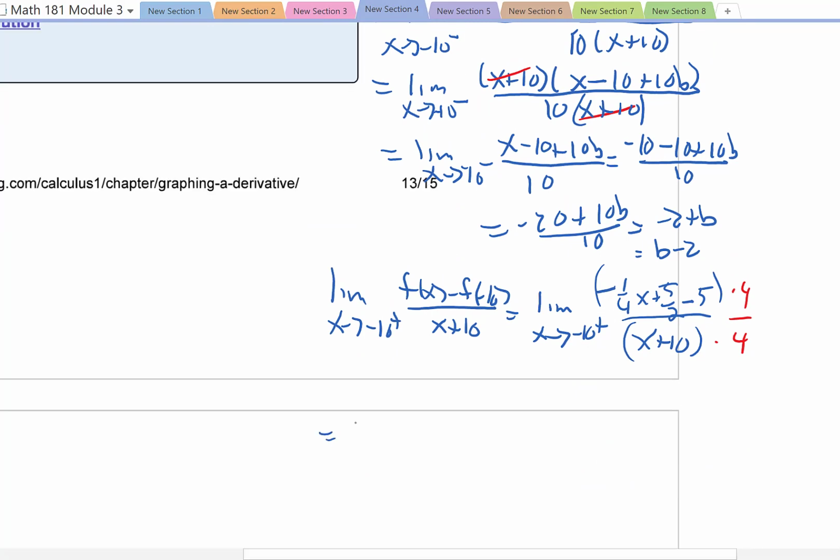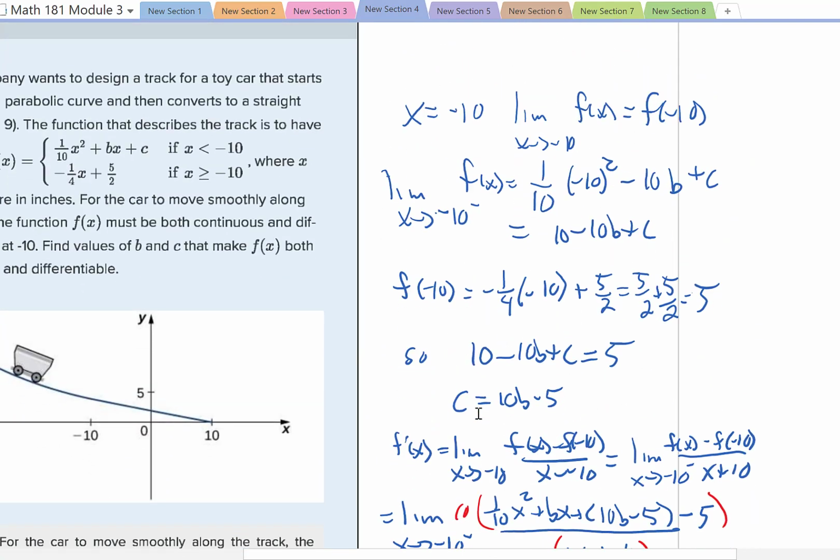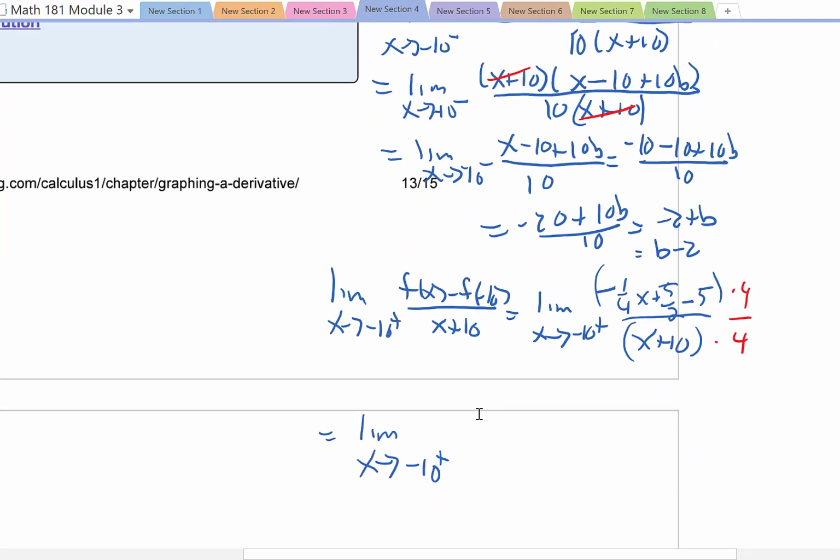And this gives us the limit as x approaches negative 10 from the right of, now doing the math up here, 5/2 minus 5 is negative 5/2.